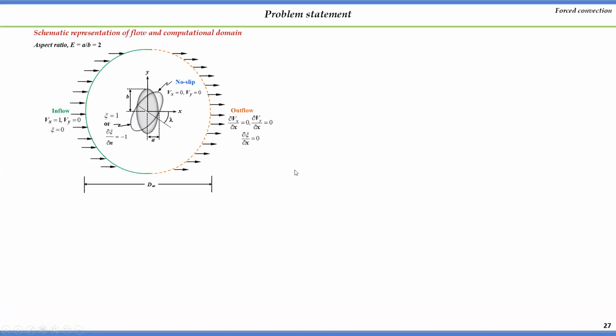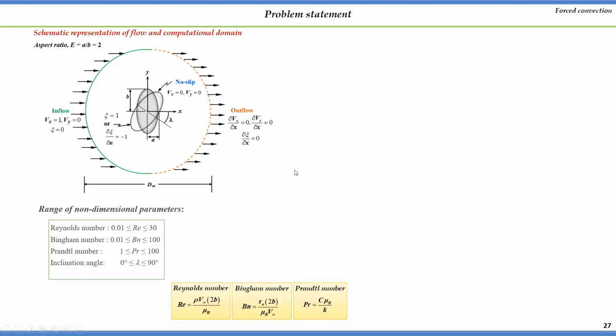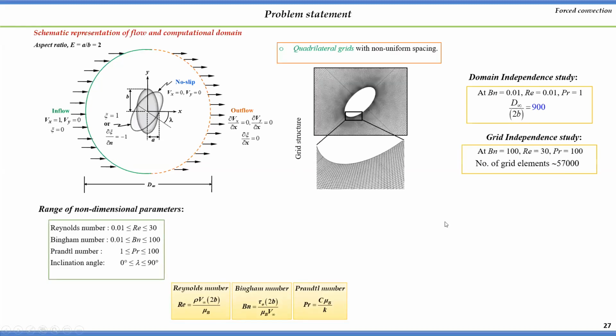And in forced convection, along with the same kind of boundary conditions, so I'm not describing more, the range of parameters is almost the same, where we are considering the flow to be steady and laminar, and we choose our numerical parameters appropriately for this problem. Let me take you directly to the results. Here you can see very nice flow patterns because of the orientation of your object.